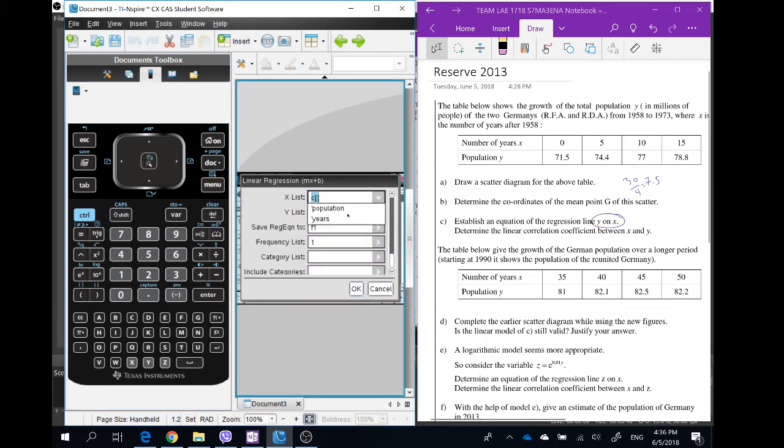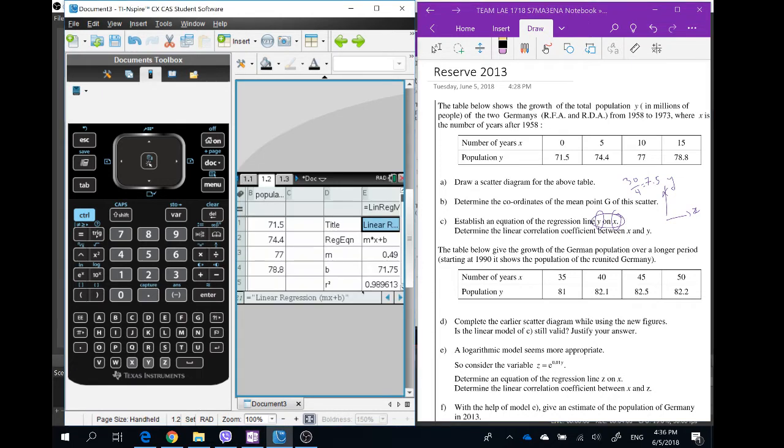X list is years, y list is population, y on x. Here y is the dependent and x the independent variable.